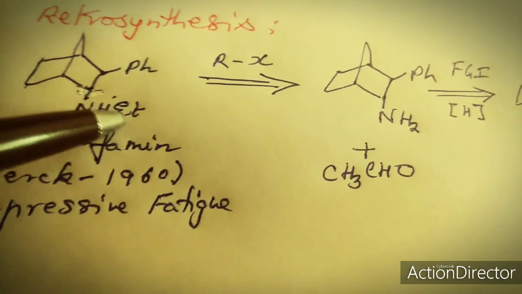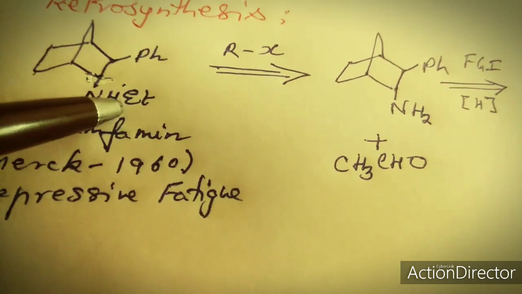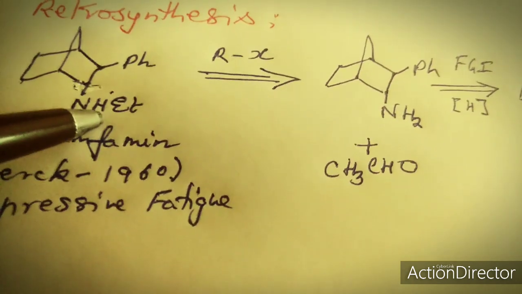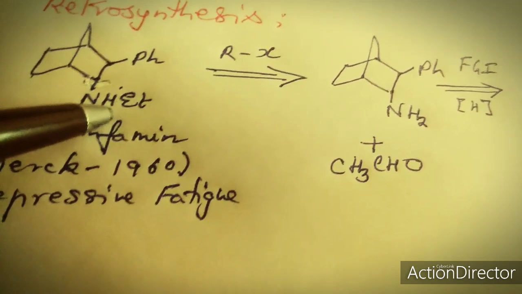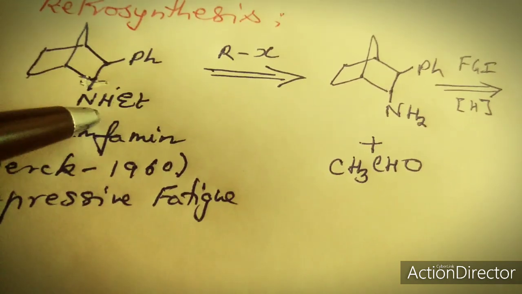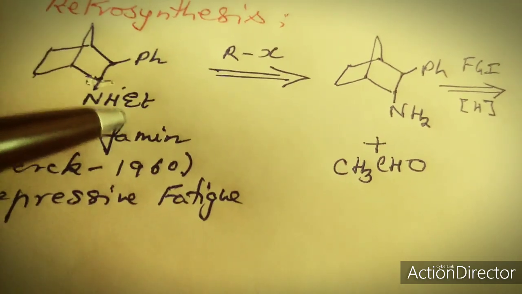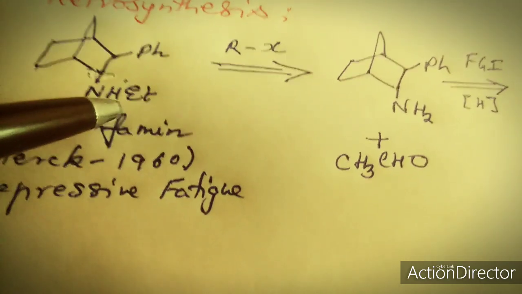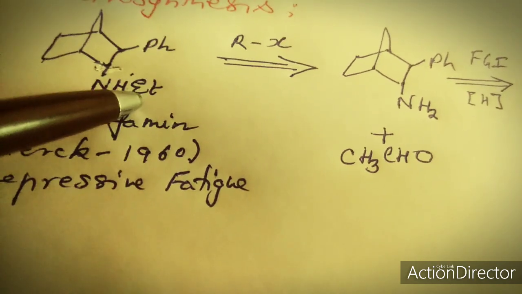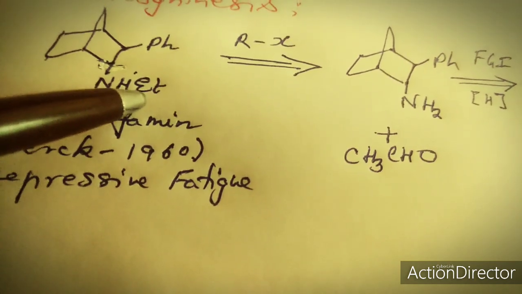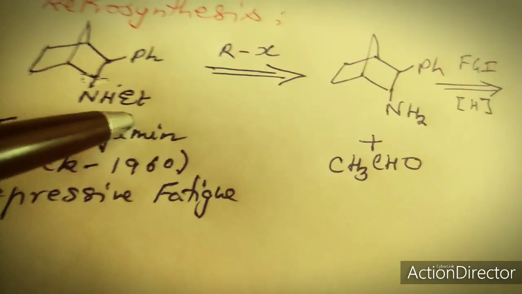We know this can be connected back very easily by use of a carbonyl. A carbonyl with this will give us this type of a group after reduction. It will initially be the amino NH2 and CH3CHO. So H2O will be given away.